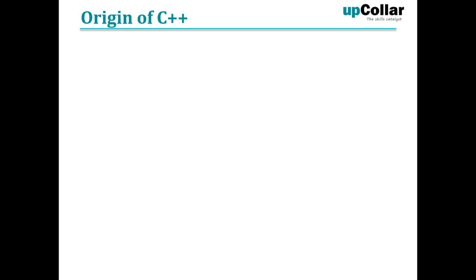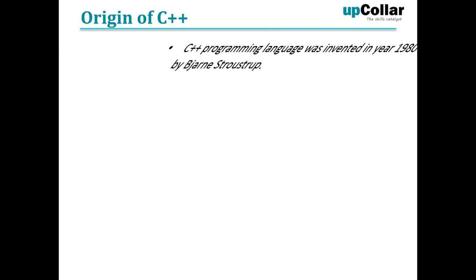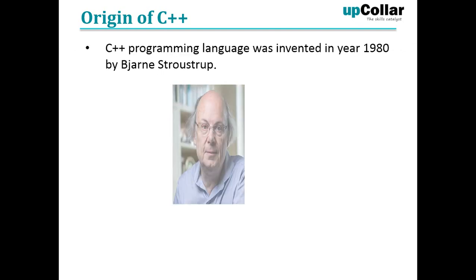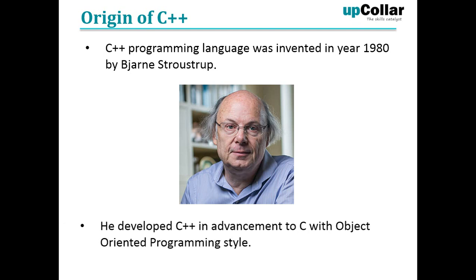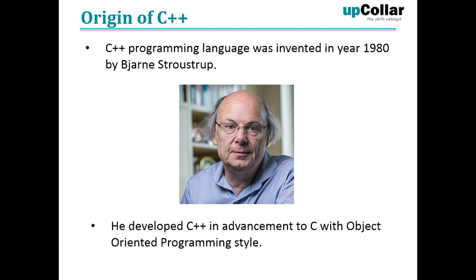Let's begin by looking into the origin of C++. The developer of C++, Bjarne Stroustrup, found that the C programming language lacks simulations and decided to develop a language that would overcome the drawbacks offered by C and called it C with classes.